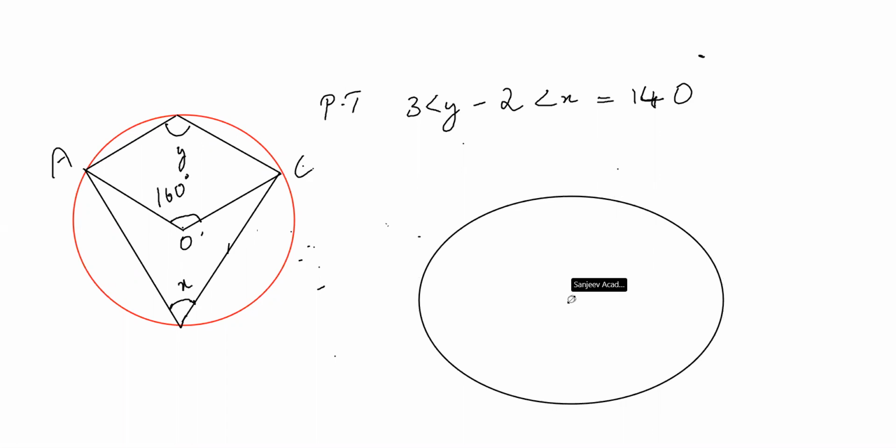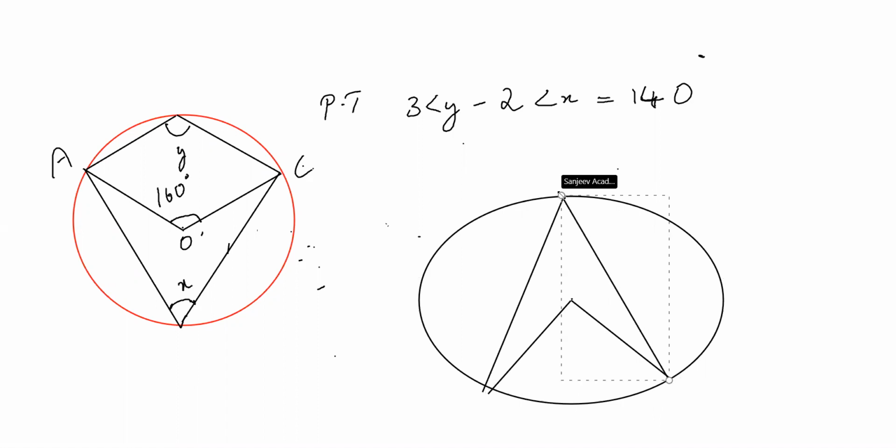Let this be the center. So I'm just drawing something from the center. We all know this particular diagram. Okay, so we know this particular thing. This is not joined properly, but assume this is proper.